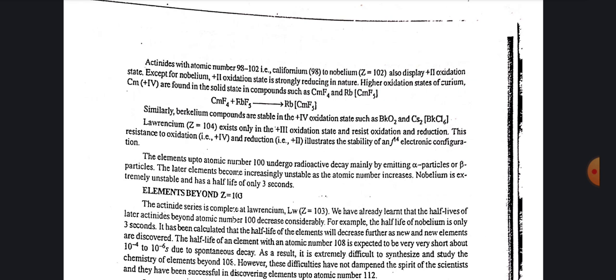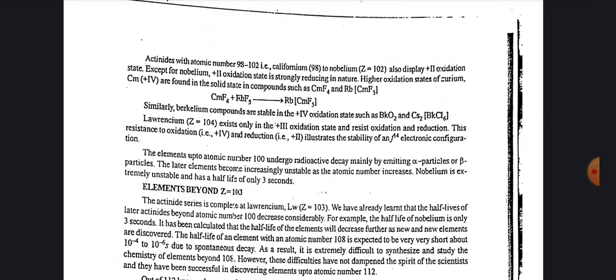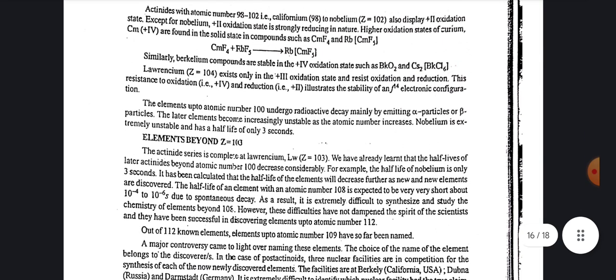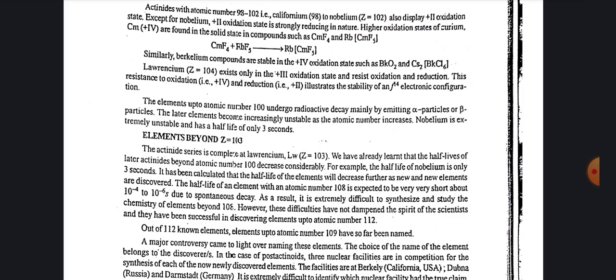Actinides with atomic numbers 98, 101 and 102, that is californium, mendelevium and nobelium, also display a +2 oxidation state, except that for nobelium the +3 oxidation state is strongly reducing in nature. Similarly, berkelium compounds are less stable in the +4 oxidation state, such as BkO2 and Cs2BkCl6.